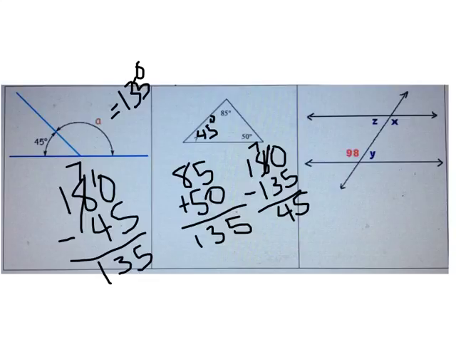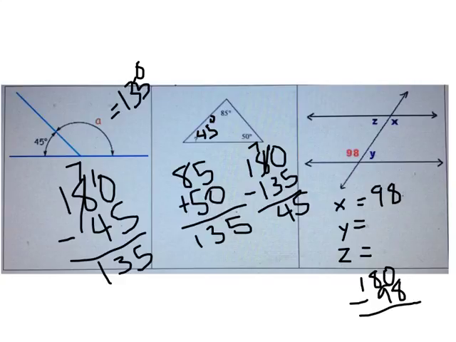Now let's find angles X, Y, and Z. Remember, angle X is an alternate interior angle, so it's the same as 98 degrees. To find angle Y, I can subtract 180 minus 98 because they're on a straight line.